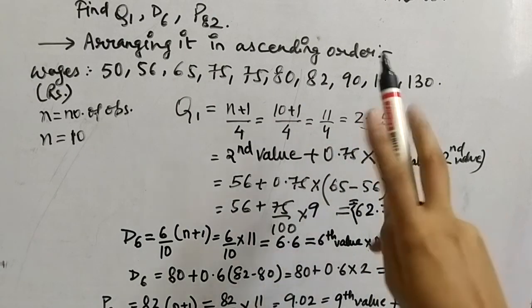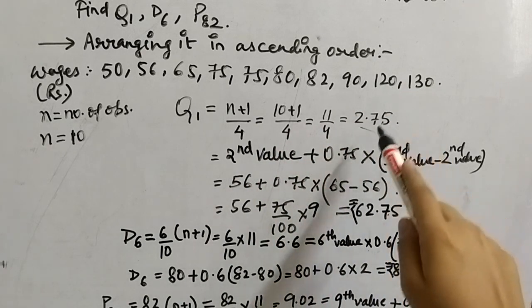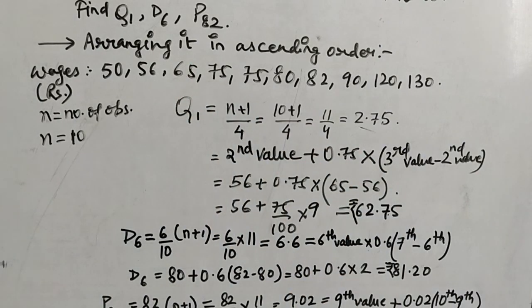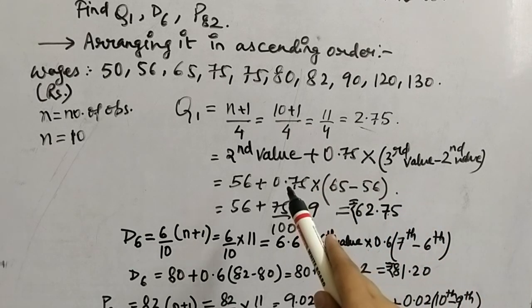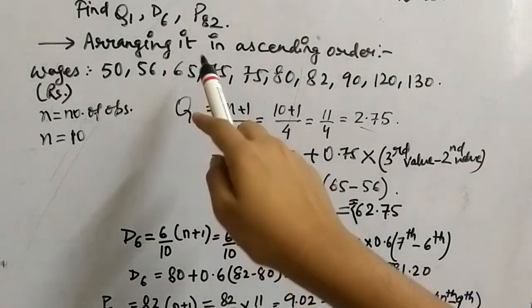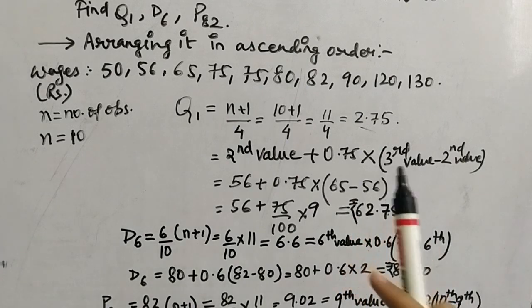We have segregated it into two parts. 2 is the second value plus 0.75 into the third value minus the second value. Here the third value is 65 and the second value is 56. Subtracting and multiplying, we have got quartile number 1 is equal to 60.75, which is somewhere in the middle. Okay, so now this is the quartile number 1.